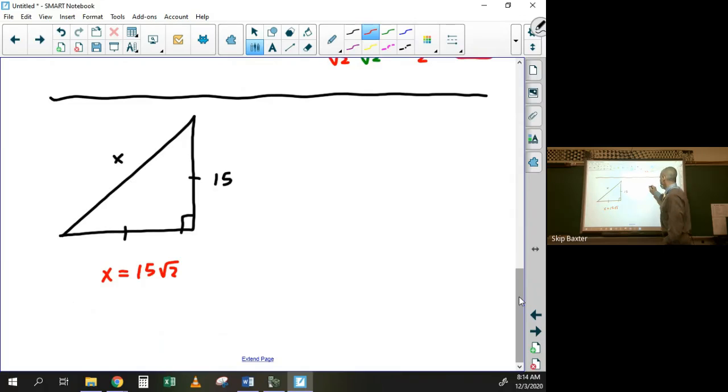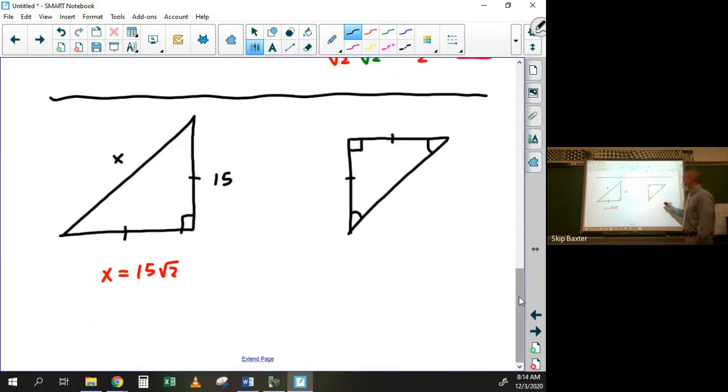And if they gave you an isosceles right triangle like this, and they told you the length of the hypotenuse, like say this was 3, or let's do something weird like the square root of 6 or something like that.